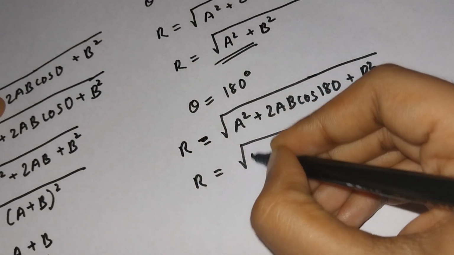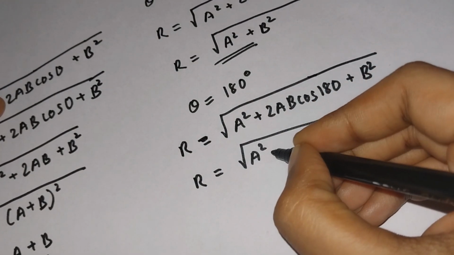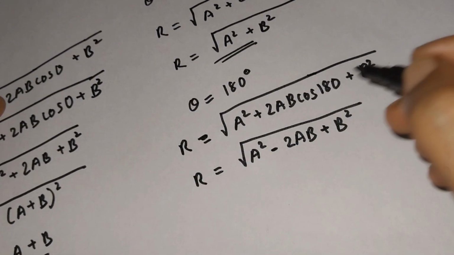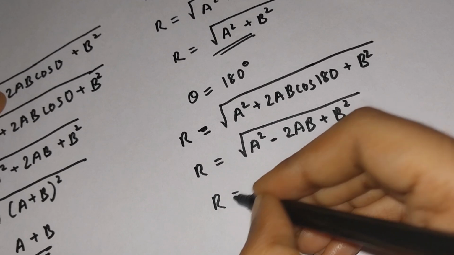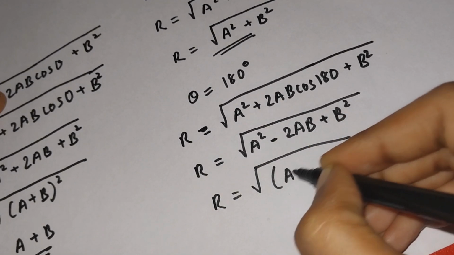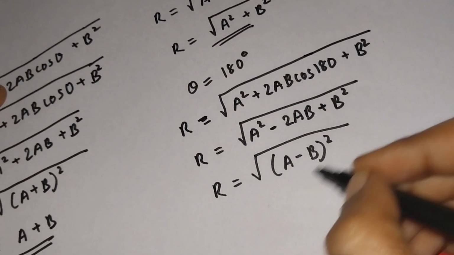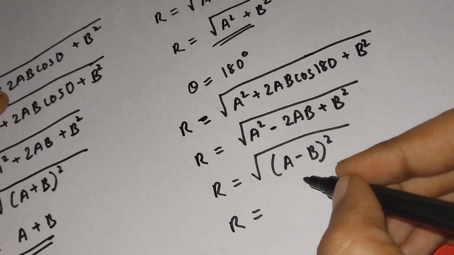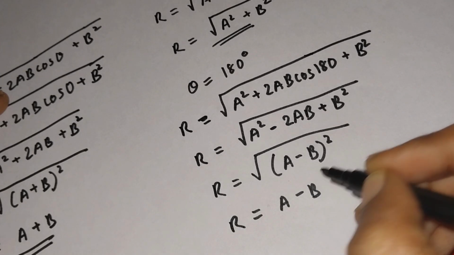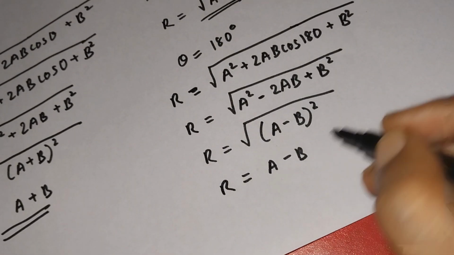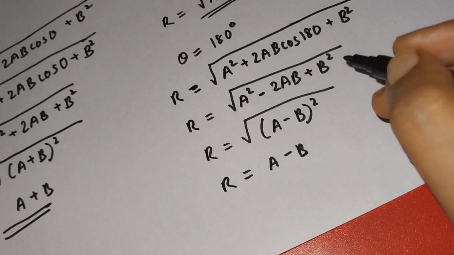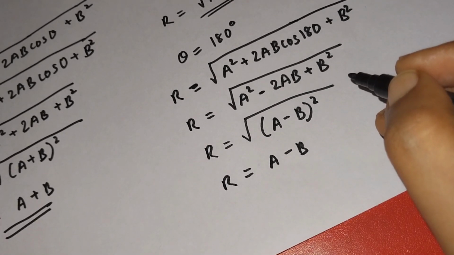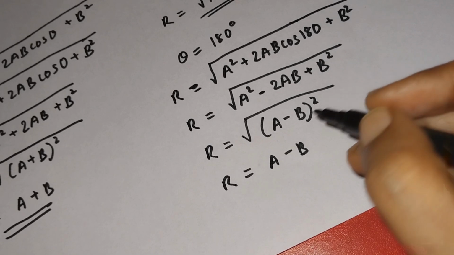So this one will become square root of a square minus 2ab plus b square. Now this can be written as square root of a minus b the whole square. When this term comes out of the square root, you will get r is equal to a minus b. So when the angle is 180 degree, that means the two vectors are anti-parallel, then their resultant will have minimum magnitude.